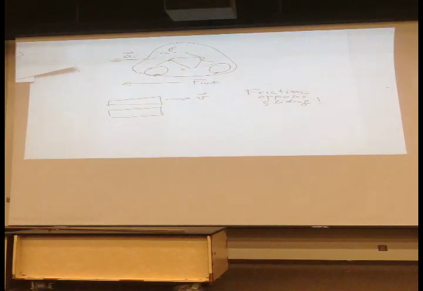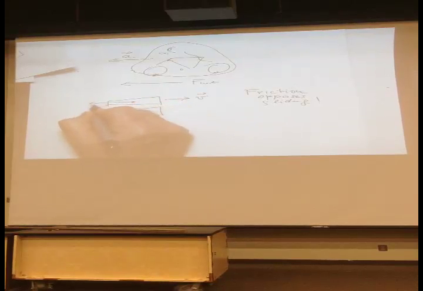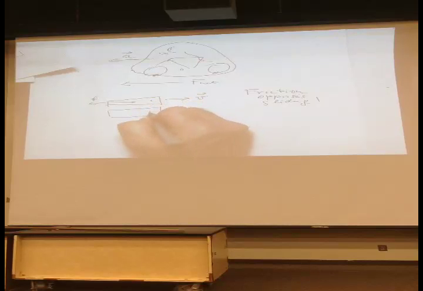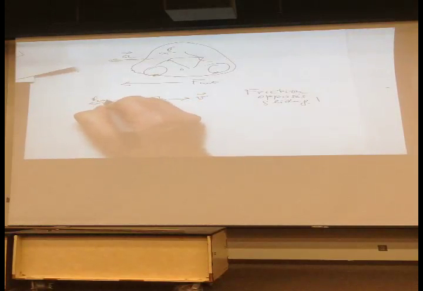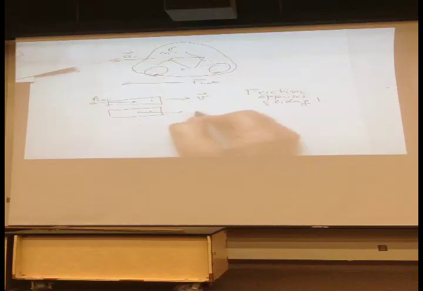That's the only thing friction does. If you have a situation like this, you have a friction force like this, and of course it's called 1 and 2, so F2 on 1, and by Newton's third law you have F1 on 2.